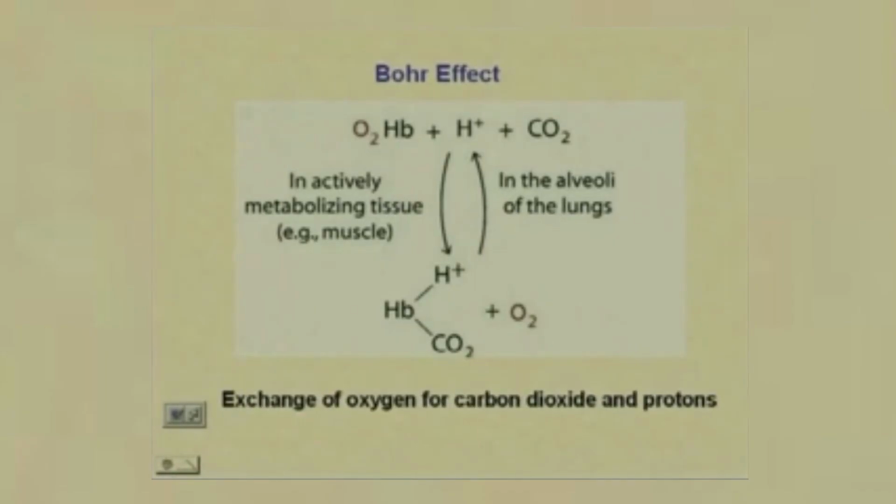Now, where is it going to do this? In the tissues, right? So, there is basically an exchange of oxygen for carbon dioxide and protons. Essentially what is going to happen now is you are going to release the oxygen and it is going to become deoxyhemoglobin, but it is going to be associated with the carbon dioxide and the H+.